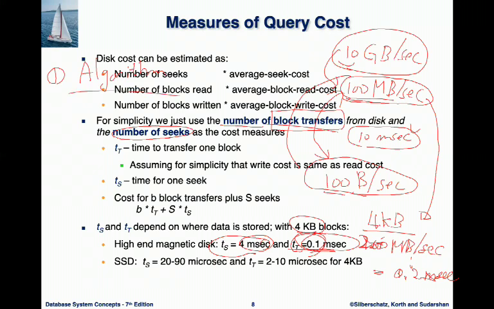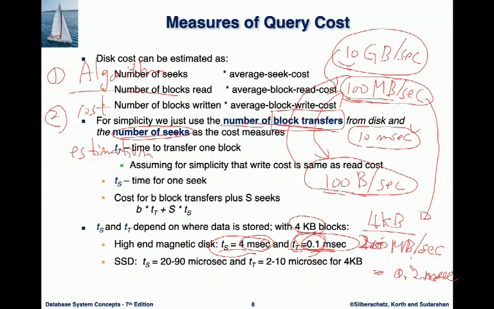If you don't understand the algorithm, then you cannot estimate the cost. Number 2, cost estimation. Given the data that is provided and given an algorithm that the system picked, how long will it take? How can we do this based on the number of block transfers and the number of disk seeks?